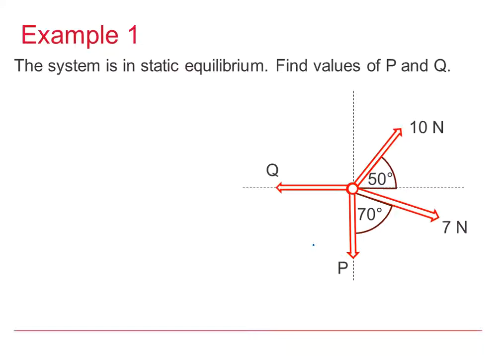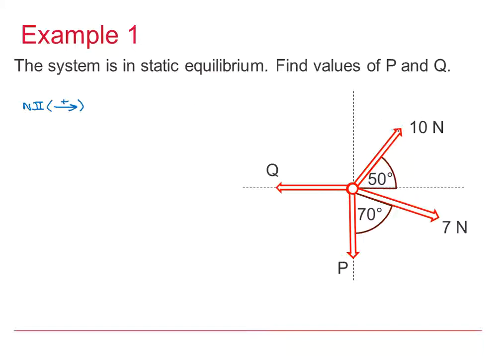So here we have a system which is in static equilibrium, and we want to find the values of P and Q. So I'm going to apply Newton's second law, and I'm going to apply it horizontally. I've decided that to the right will be my positive forces, so to the left will be my negative forces.